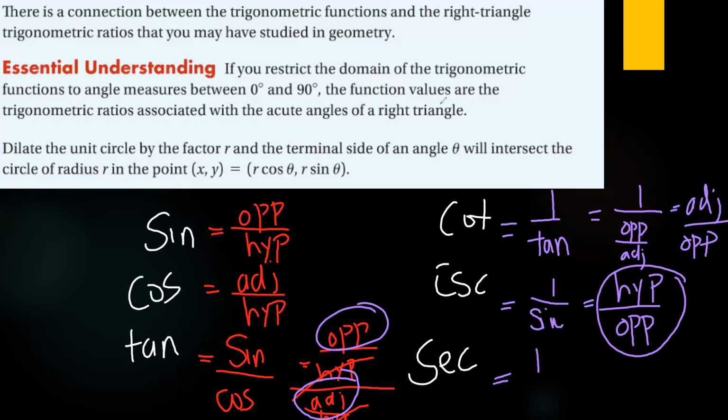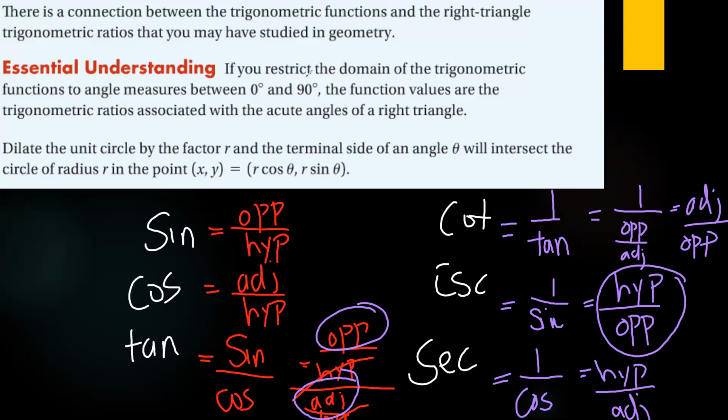And the secant is the reciprocal of cosine, so it is hypotenuse over adjacent. So this is the relation between the trigonometric ratios in a right triangle and the trigonometric functions that we know before.